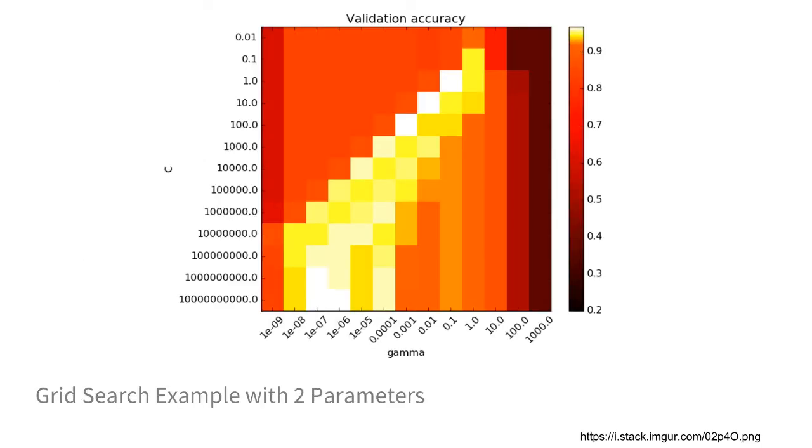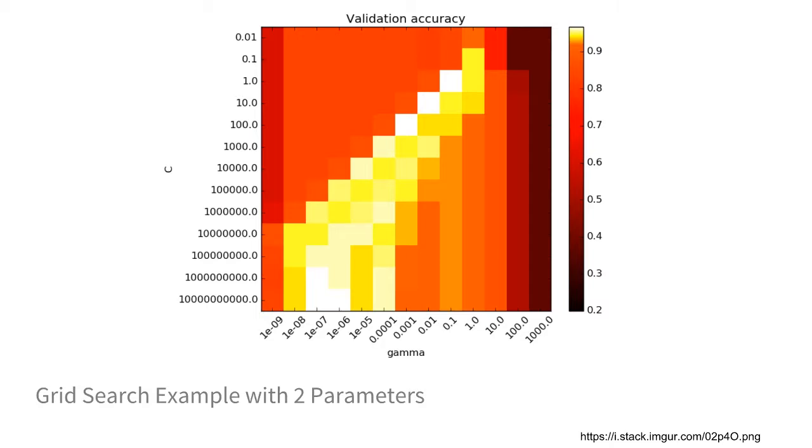So this is a basic visualization of a simple grid search with two parameters. We have one parameter going from 0.01 to like a bajillion on the y-axis, and we have one that's going from a very small number to 1,000 on the x-axis. Each square on this graph represents one result, which is the specific gamma with that specific c trained on the model.